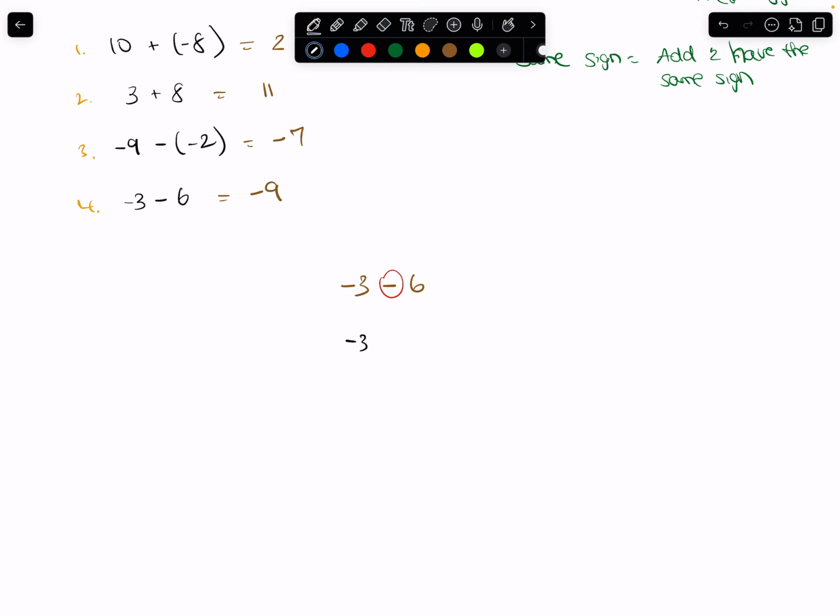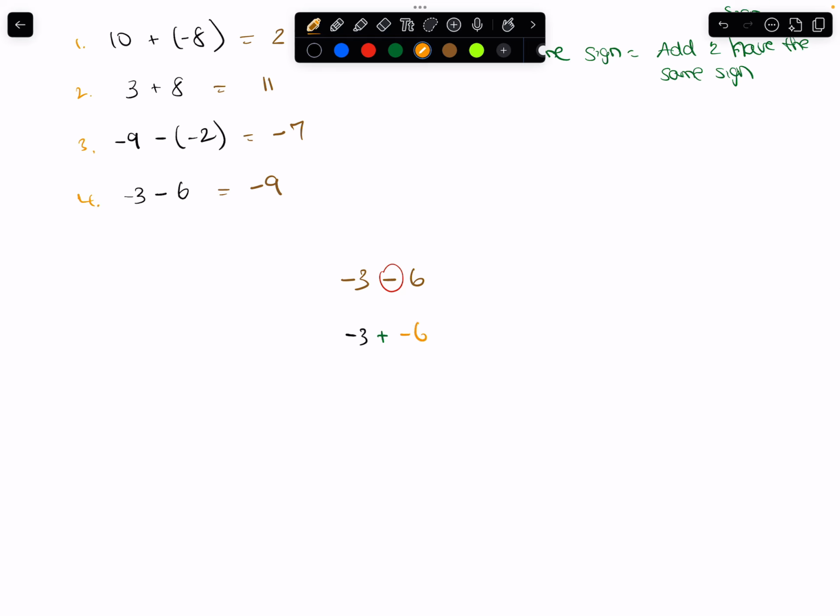Keep, change, change. The 6 becomes a -6. Same sign between the two of them after keep change change. So it adds 6 plus 3, 9. And the sign just stays the same because they're just being added. So it's a negative 9.